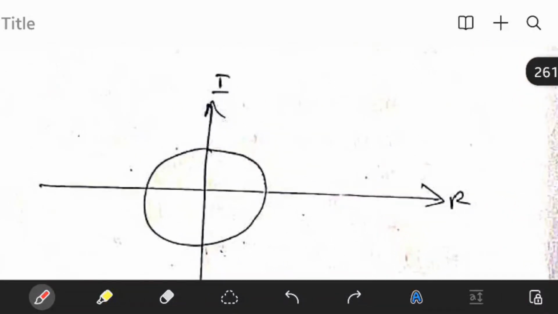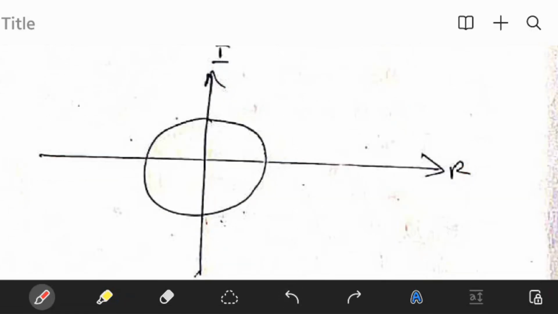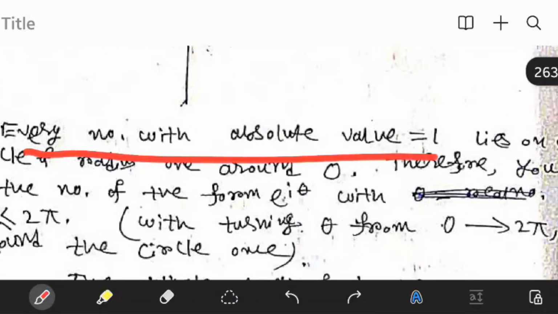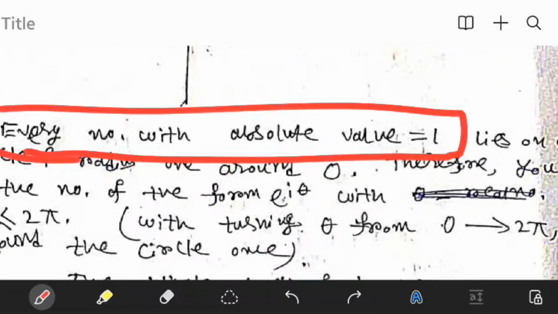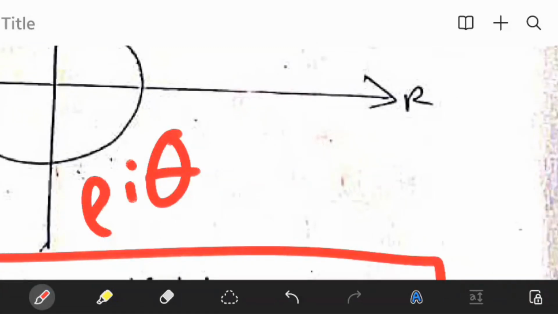So you remember the complex number system? This is the real axis and this is the imaginary axis. Now, for the absolute value, which is 1, let's say we have e to the power i theta.